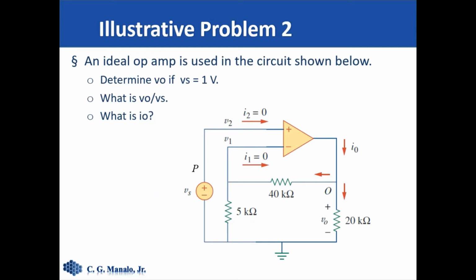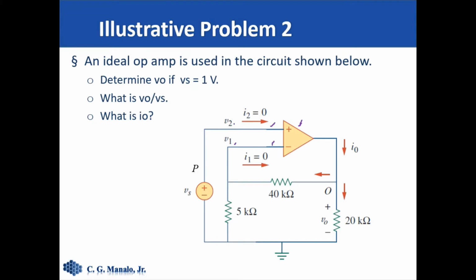Let's redo the previous problem and assume that our op-amp is an ideal op-amp. So again, if this op-amp is ideal, that means that the currents entering the input terminals are both 0, and V sub 1 and V sub 2 are both equal.